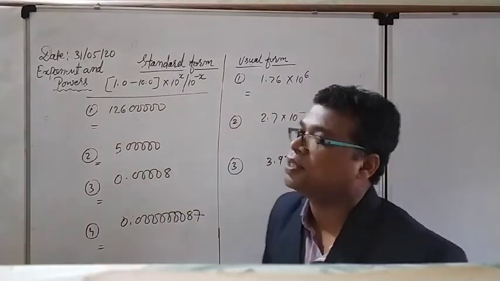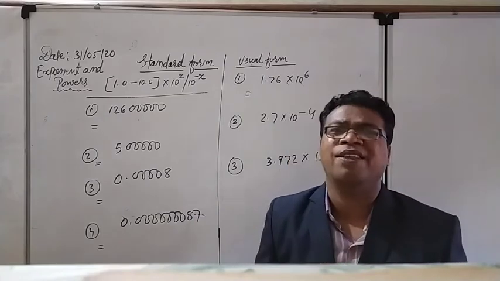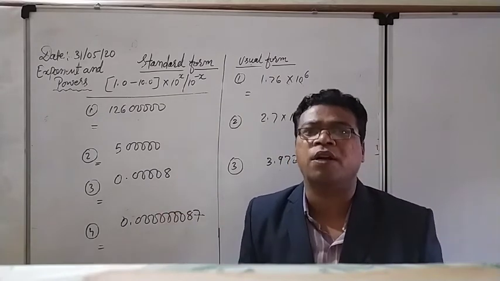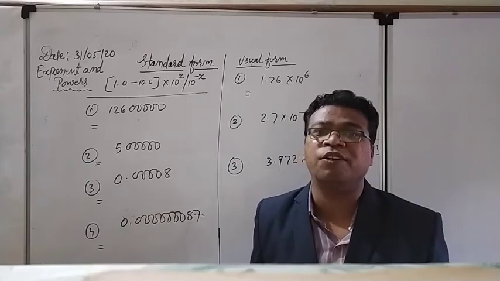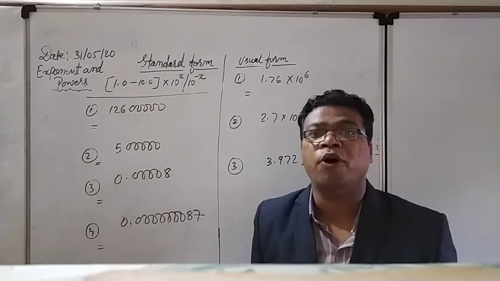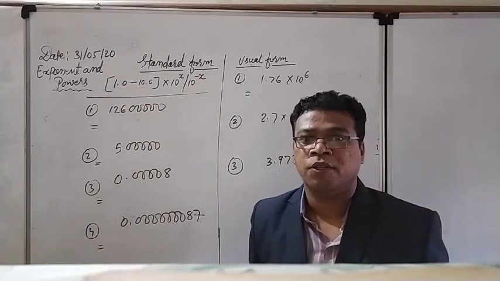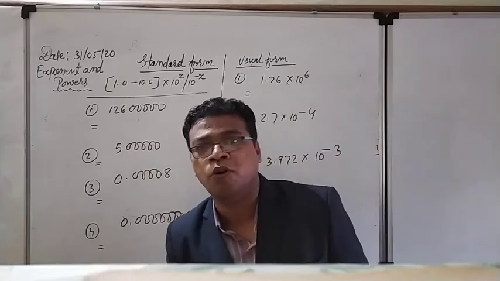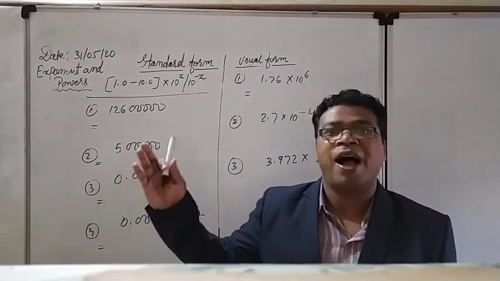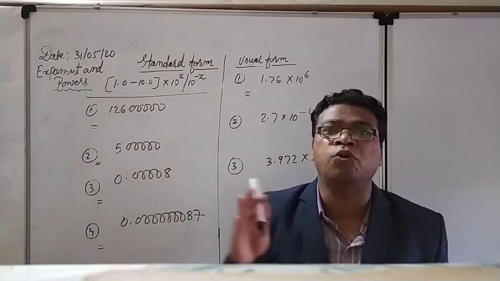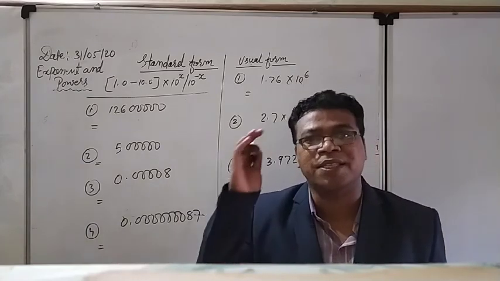Actually, standard form says that for any number which is given to me, I have to convert that particular number into a small range. And what is that range? 1.0 to 10.0. In between 1.0 till 10.0, I will consider the number, including all the decimal numbers.